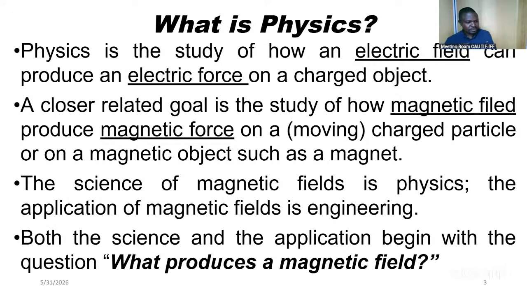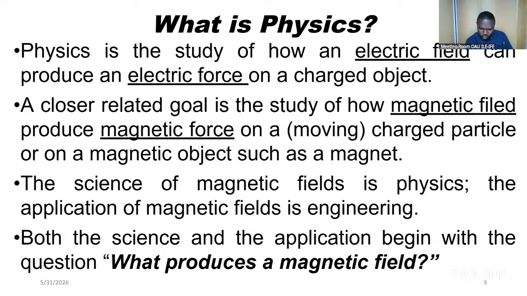Thank you. Okay, so the science of magnetic field is actually physics, and the application of magnetic field is engineering. If you can still remember, I started by telling you the application of magnetic field. For we in science, the application is science, but for those in engineering, theirs is the application of magnetic field.